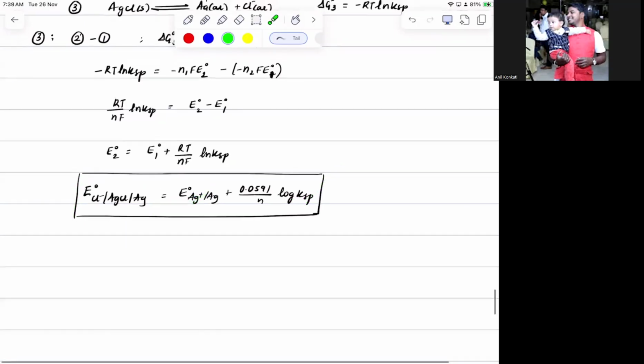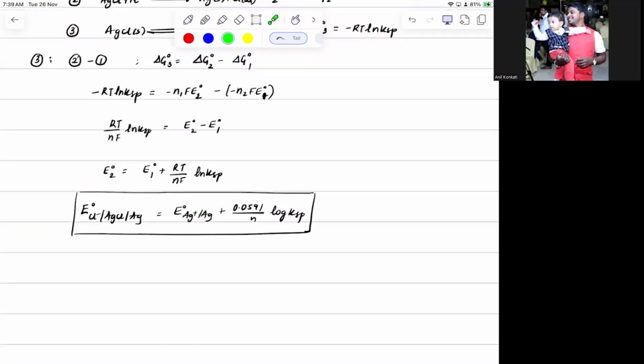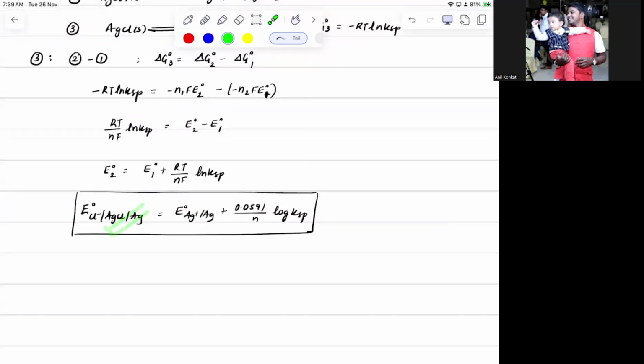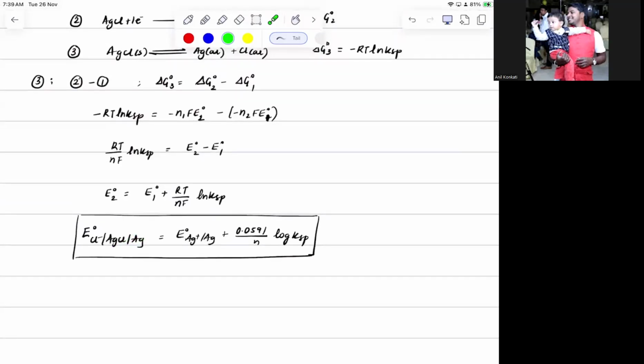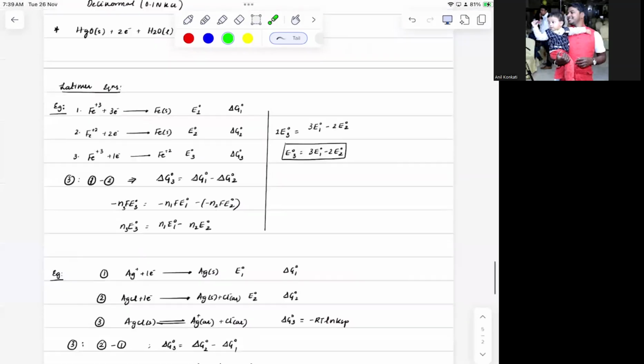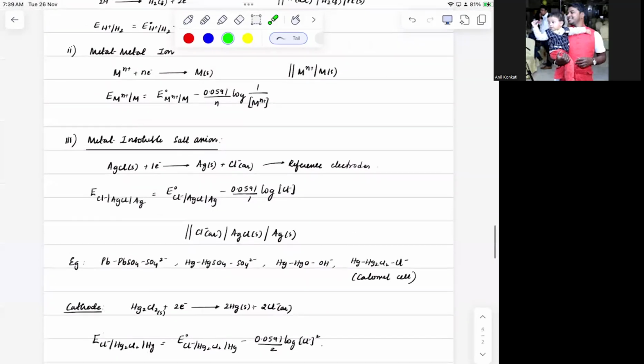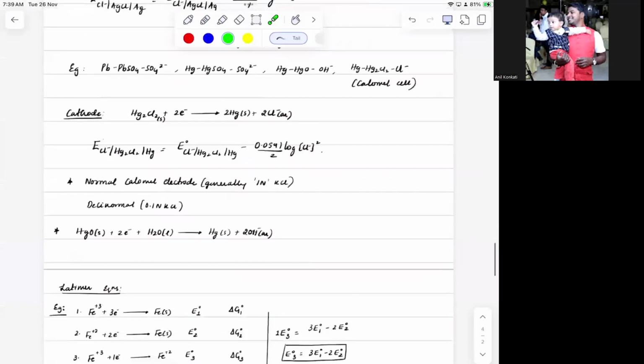For every sparingly soluble salt, we can relate with one of its metal electrodes like this, and that will be useful for solving. I guess this part is clear, guys. So when it comes to metals in insoluble salt, this form is very important.